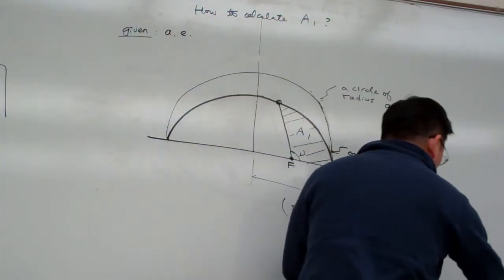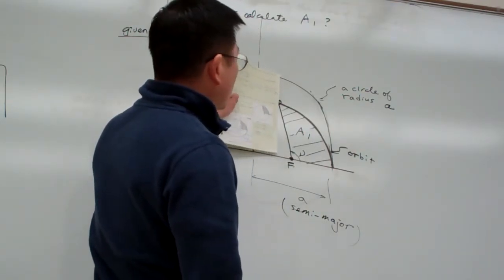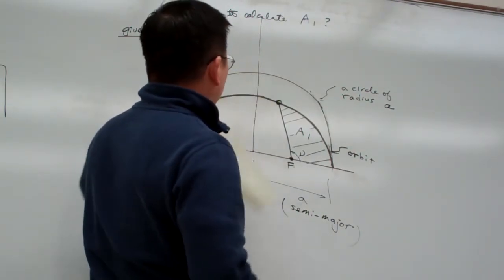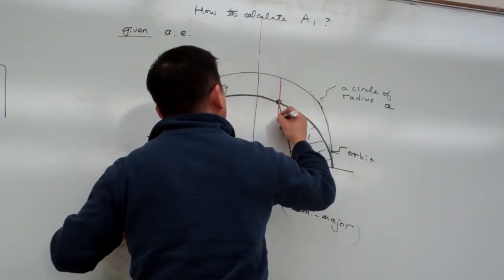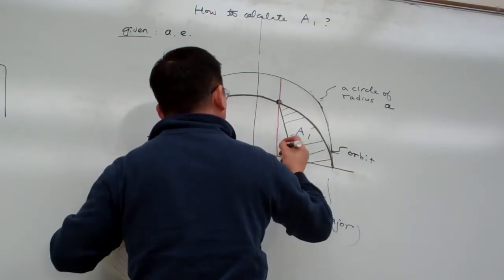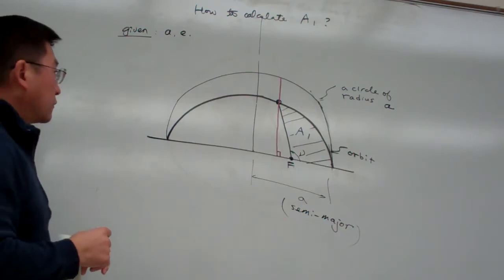For this case, passing through this object, I draw a vertical line. This line is 90 degrees to here. I simply draw additional information.